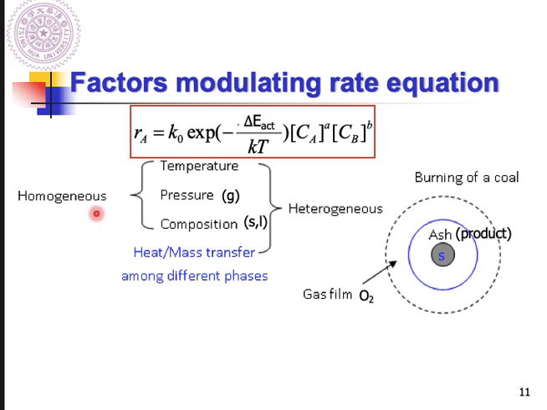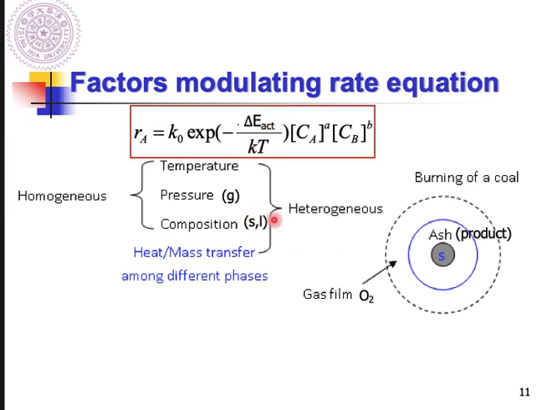So in homogeneous reactions, the factors that can modulate the rate equation would be the temperature and, if the reactants are gas, the partial pressure. If they are solid or liquid phase, it will be the composition of the reactants.